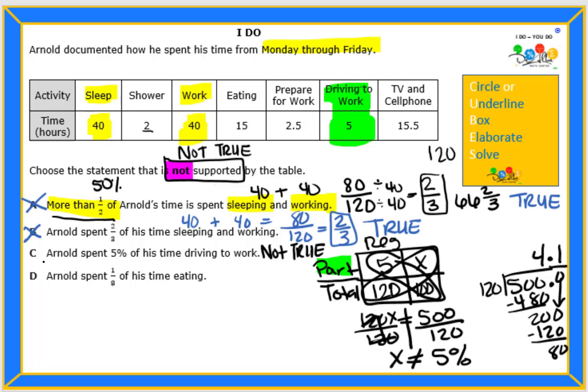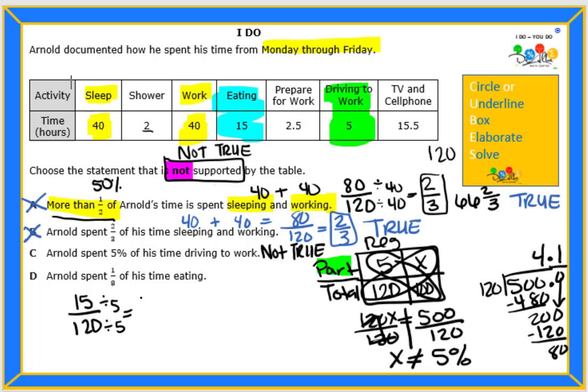But just to be on the safe side, I'm going to go ahead and check the last one. The last one says Arnold spent 1/8 of his time eating. So let's take a look at eating. That's 15 hours. So if I write that as the part out of the total in a fraction, which is 120, I can simplify it by dividing by 5.